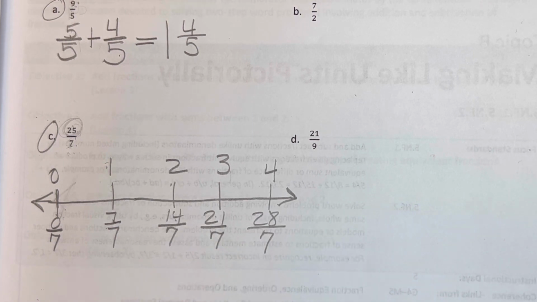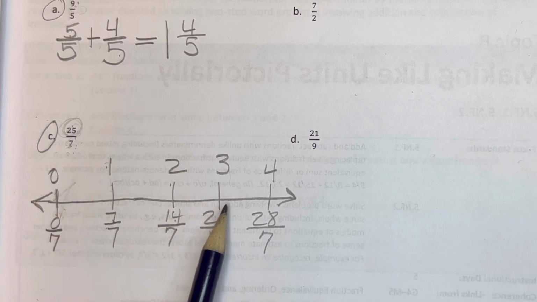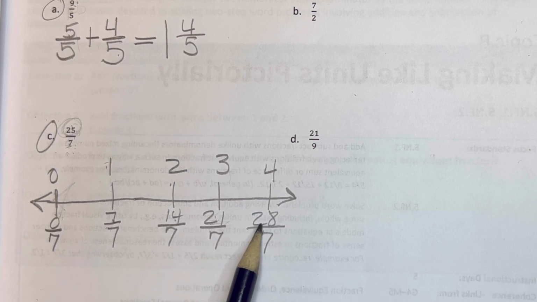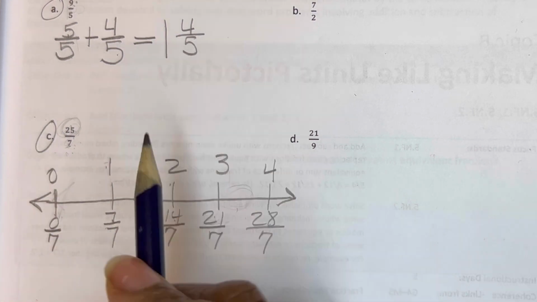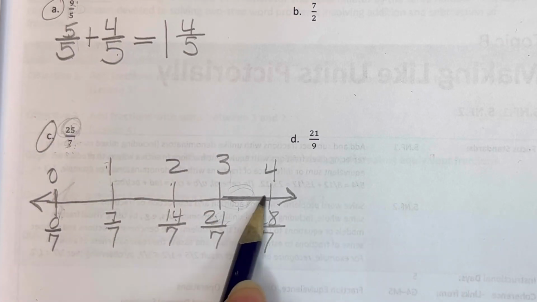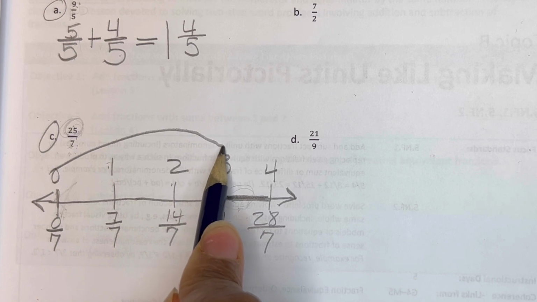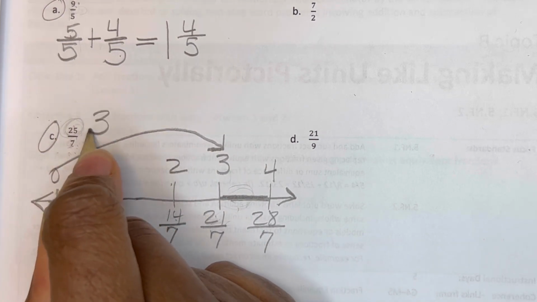All right. Now, where would this 25 sevenths fall? We know it's going to fall somewhere. It's over 21 and it's less than 28, somewhere in between here. So we want to focus here. We're definitely going to jump to 3. Okay, so we know that it's going to be 3 wholes.